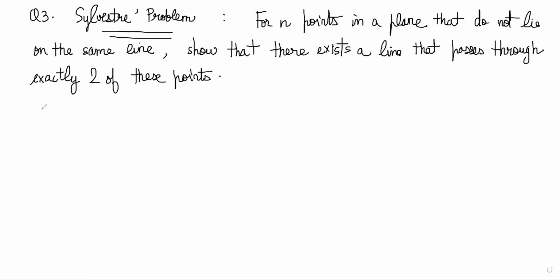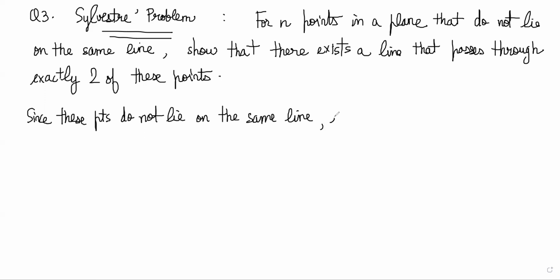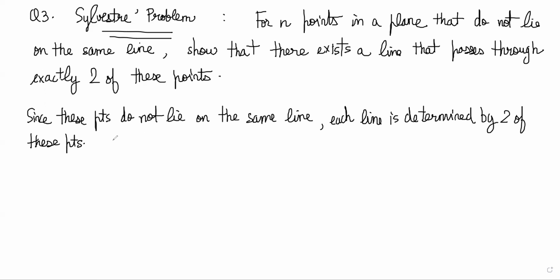So we say that since these points do not lie on the same line, each line is determined by two of these points, and it does not contain all the other points.